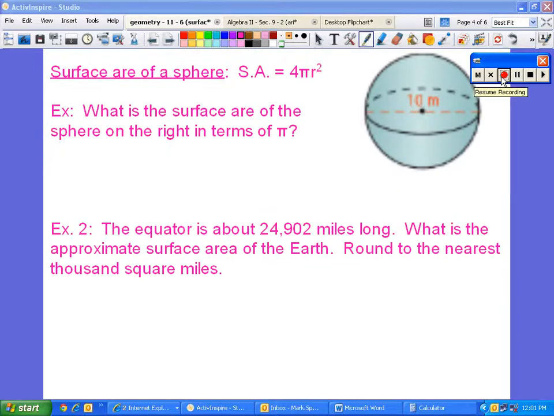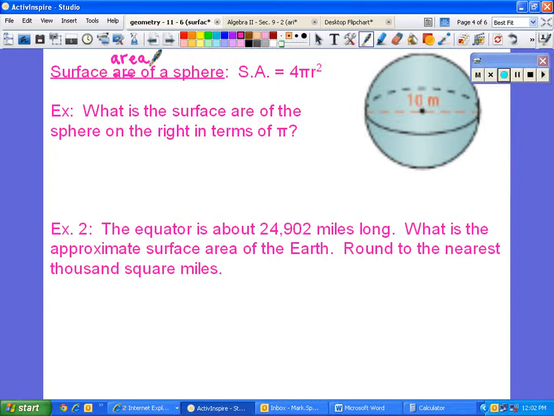Okay, so the surface area of a sphere is very simple. Pi r squared is the what of a what?